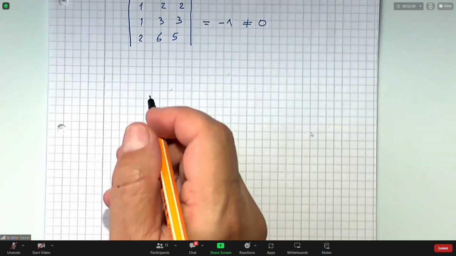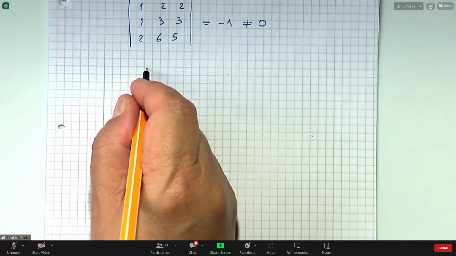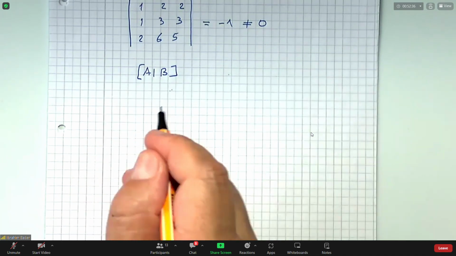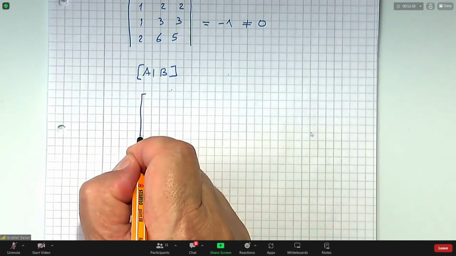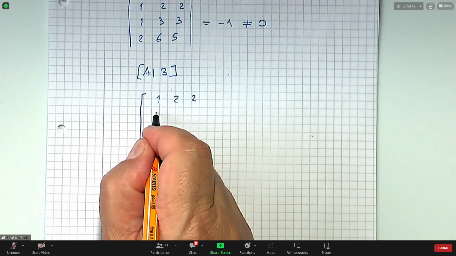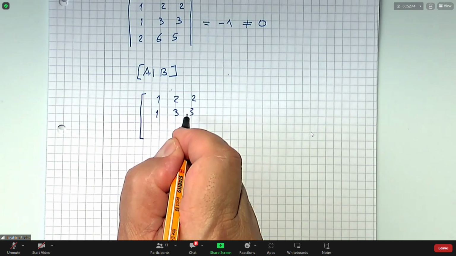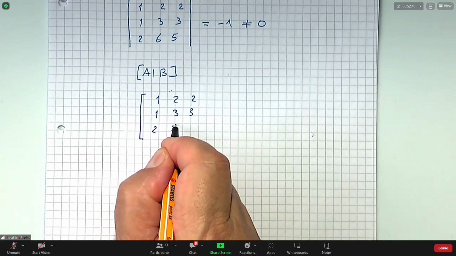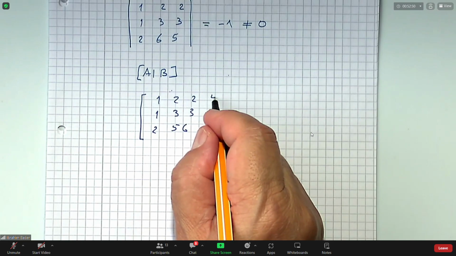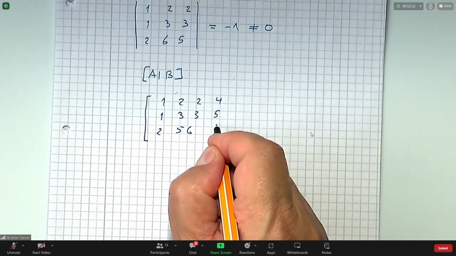So we will construct the augmented matrix for this example, and we will solve it. Okay, so this will result in the 1, 2, 2, 1, 3, 3, 2, 5, 6. And here we add to it just the right-hand side as a column 4, 5, 6.